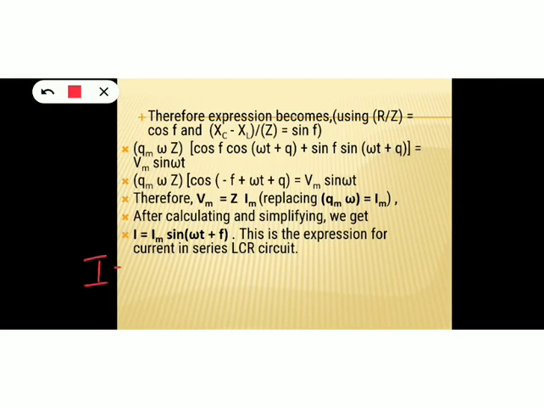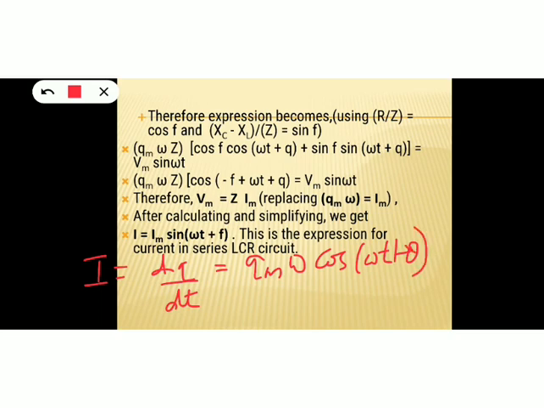Current I is equal to dq by dt. Okay, and it will be qm omega cos omega t plus theta. Why? Because we had already assumed that q is equal to qm sine omega t plus theta.